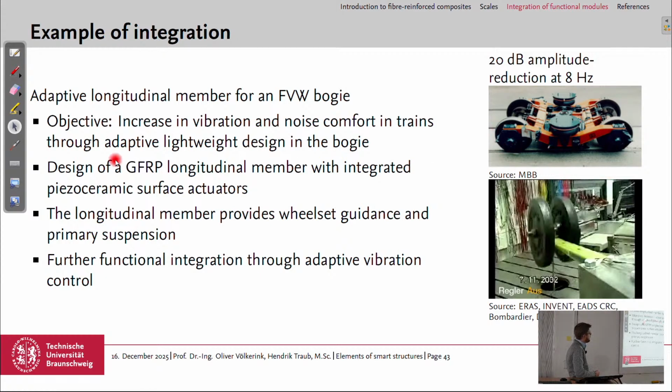It was made from GFRP in combination with surface actuators, and the goal was to have an adaptive vibration control of the structure then.